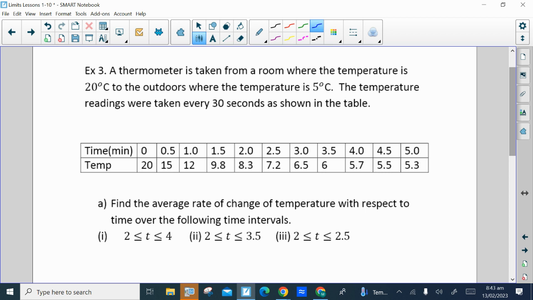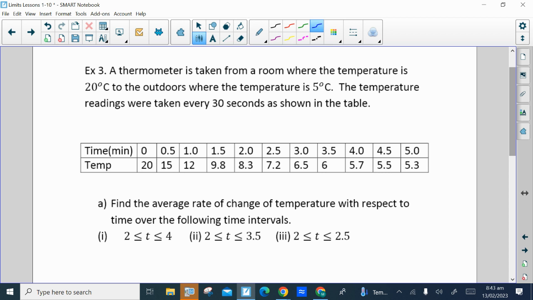Now the first part of this question asks us to find the average rate of change of temperature with respect to time over the following time intervals. And at the start of this lesson, we saw how you can take the average rate of change: you take the total distance traveled in that time period, and divide by the time period. Basically you're using the slope formula. That first example went from 0, 0 to 3, 270, I should say.